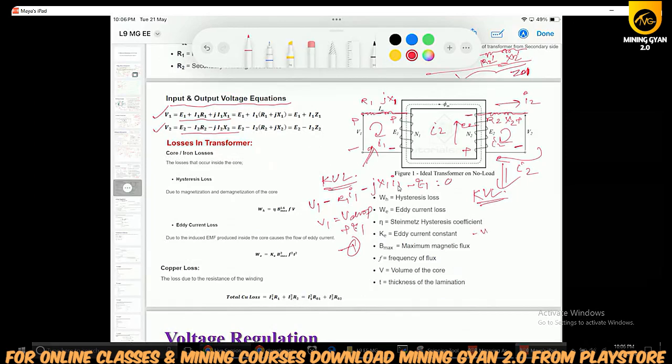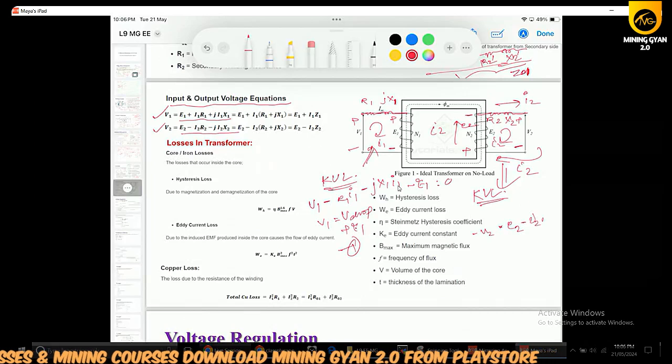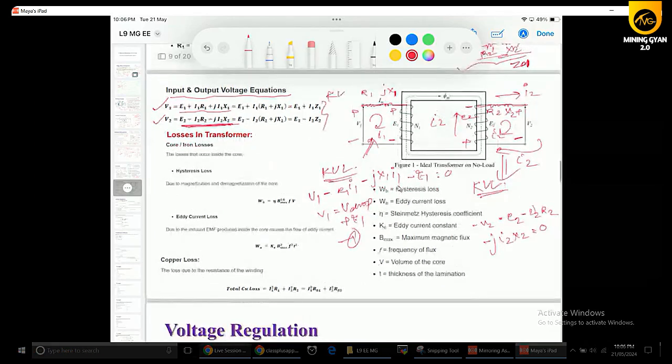So minus V2 minus E2 minus I2 R2 minus j I2 X2 equals 0. So you can get this equation after applying the KVL equations at the primary side and secondary side.